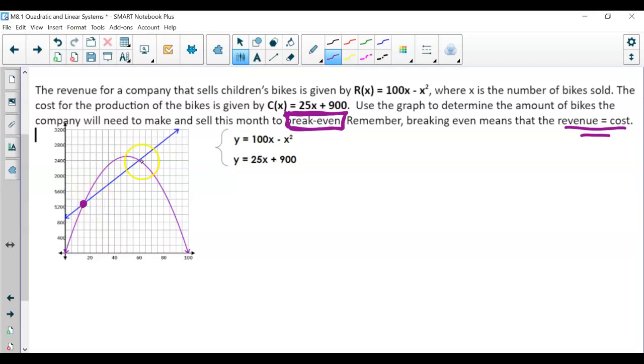There are two solutions where they would break even: here at 15, 1,275, and here at 60, 2,400. So again, it's where they cross.